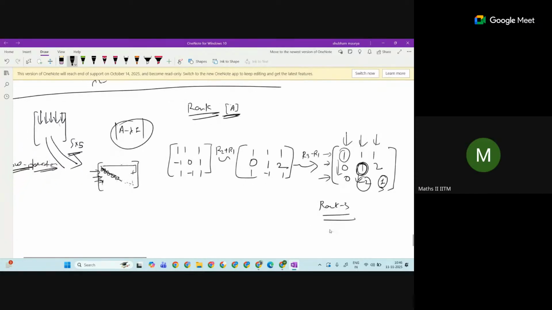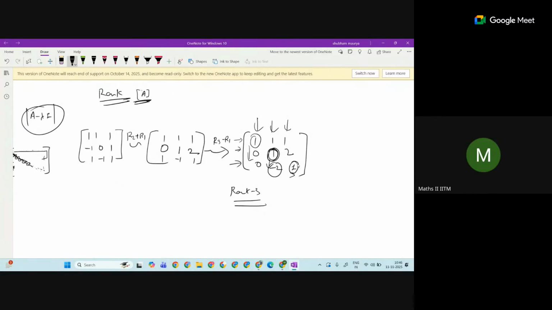Suppose the last row is all 0. Then you are getting 2 pivots, so the rank is 2 now. In this case, there is a relation between the eigenvalues and the rank.